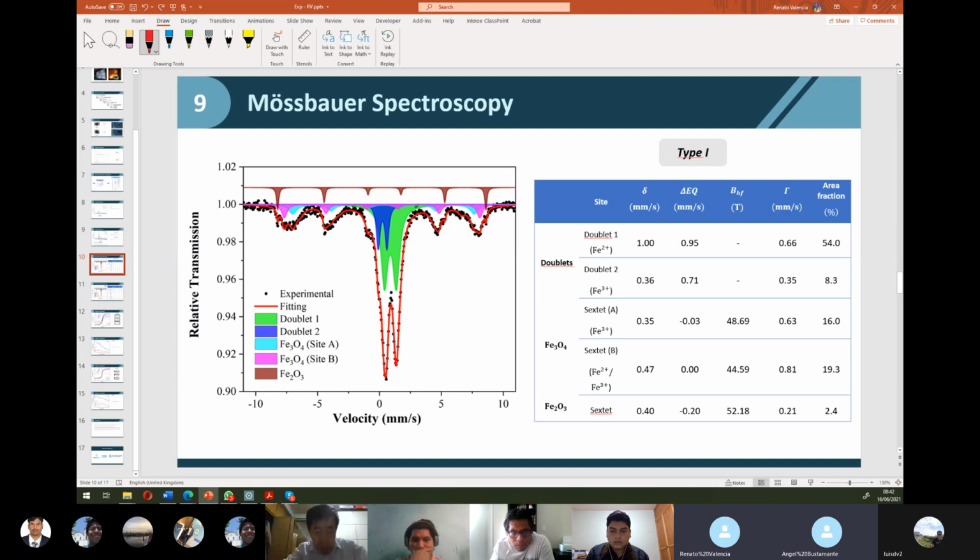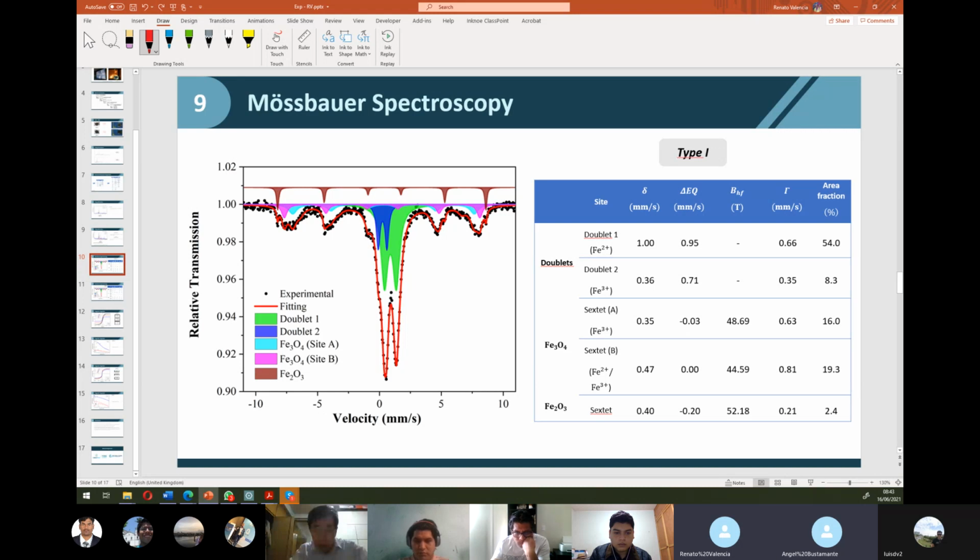In this case, you need to measure at low temperature, Mössbauer at low temperature, because the assembly here is very, very long after on the left.